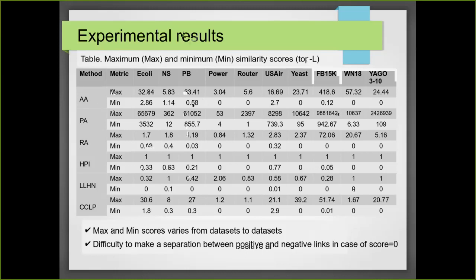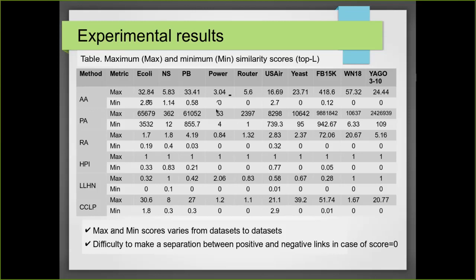For instance, Adamic-Adar, this similarity-based method, shows a maximum similarity score of 32.84, and for power graphs, it shows only 3.04. So the maximum similarity values for all methods are different for different graphs, and also the minimum values are different in different graphs.